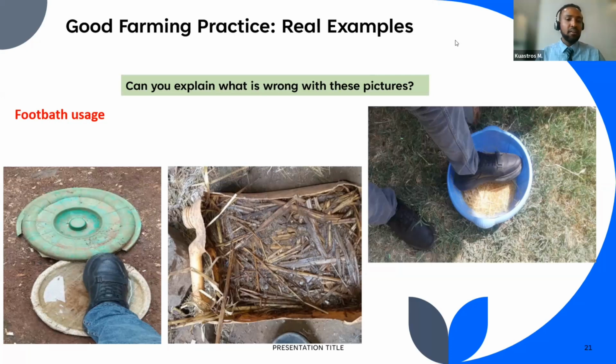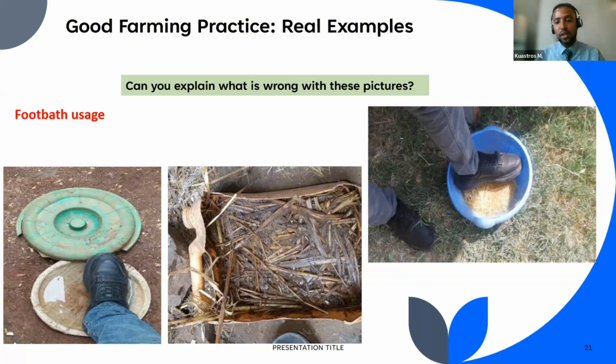Of course, it is very visible. In the first picture, the foot bath should be kept at the entrance of the farm, but it is not using a proper foot bath structure. In the middle picture, they put straw. Straw is organic, so it can dilute the foot bath chemical, which really decreases the effectiveness of the foot bath.